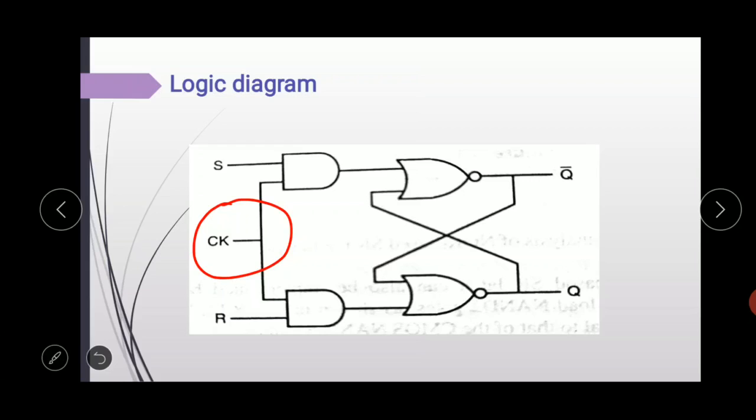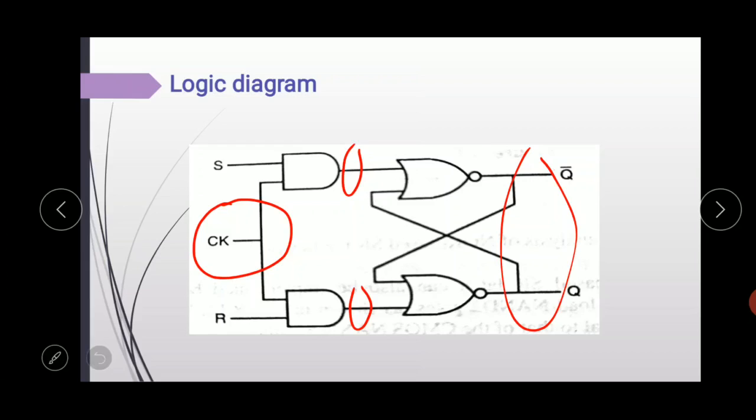If it is 0, then the outputs of these 2 AND gates are also 0, so there is no control upon the circuit response. Then the outputs of these 2 NOR gates hold the previous state.